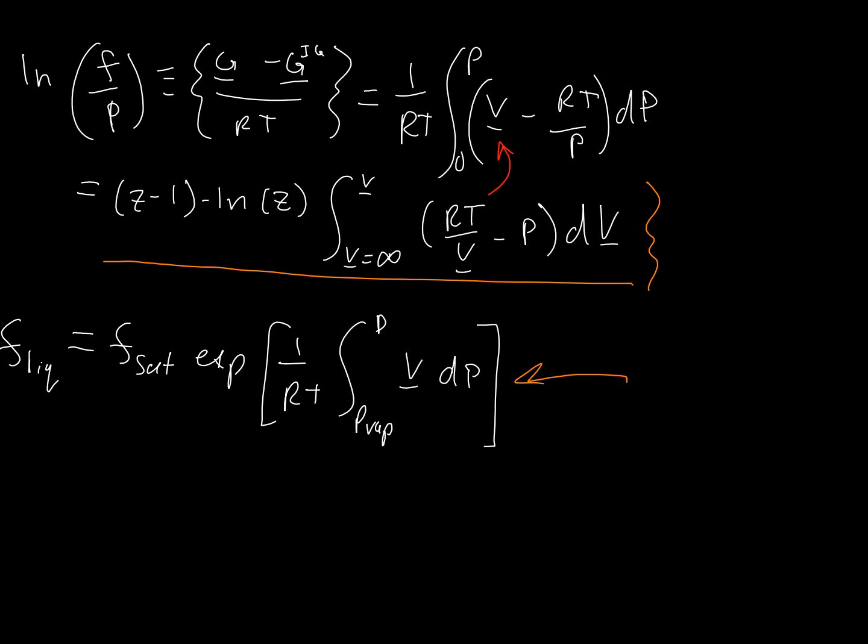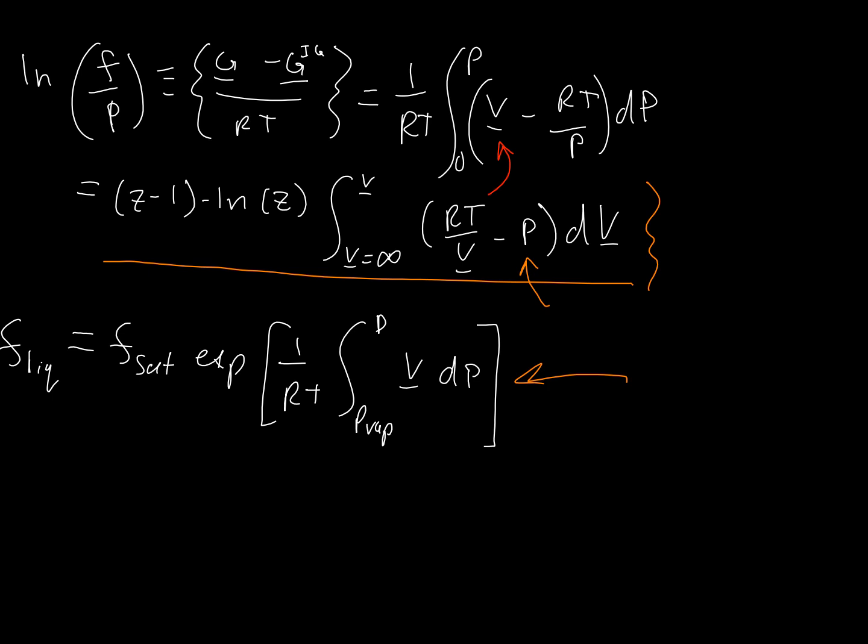The top expression is great because if we have an accurate equation that can predict the PV curve of a fluid, we can calculate the fugacity fairly accurately across the entire temperature and pressure range of any real fluid.